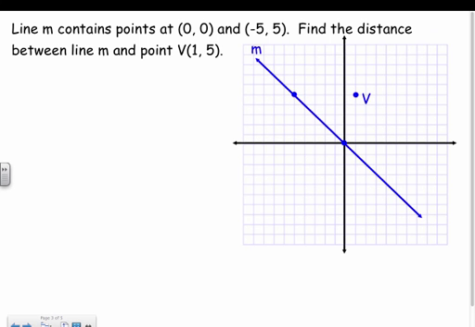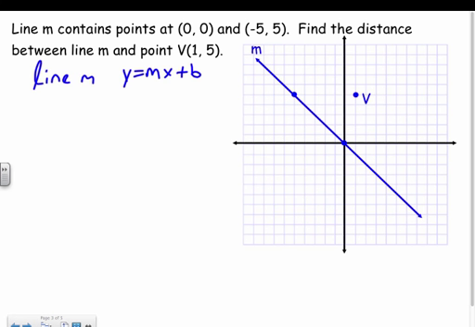First things first, let's find the equation for the line M. Well, y equals mx plus b. Do I know the slope or the y-intercept? In this case, the y-intercept is 0, right? It goes through the origin. And then the slope, I can just count this, can't I?